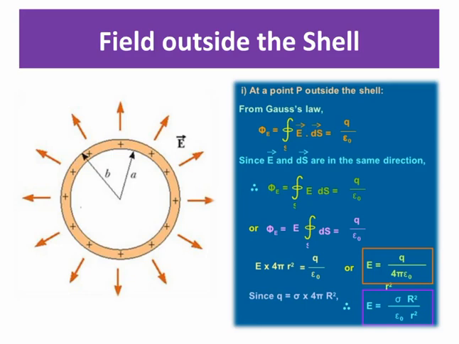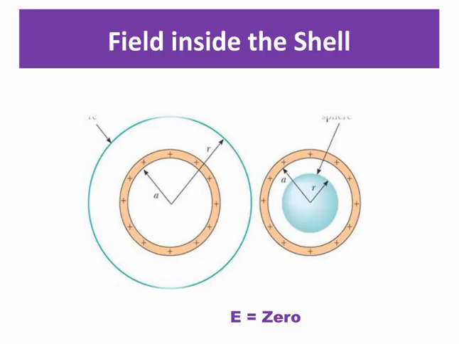Okay, next we are going to discuss the thin spherical shell field inside the shell. It is easy, you know that clearly. For this, see the image of the diagram, you can see the point P inside the shell.